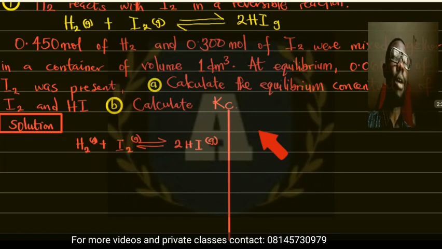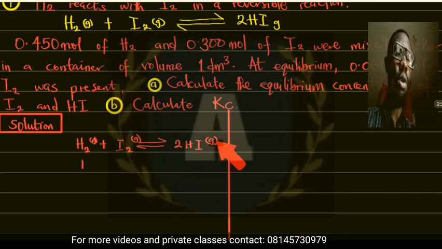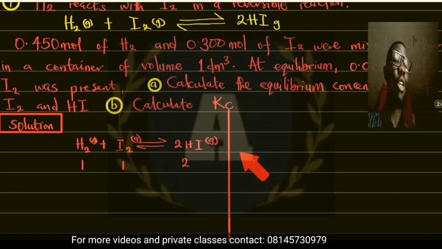Now very essential, we need to write out the mole ratios. It is observed that 1 mole of hydrogen reacted with 1 mole of iodine to give 2 moles of hydrogen iodide in a balanced chemical equation.